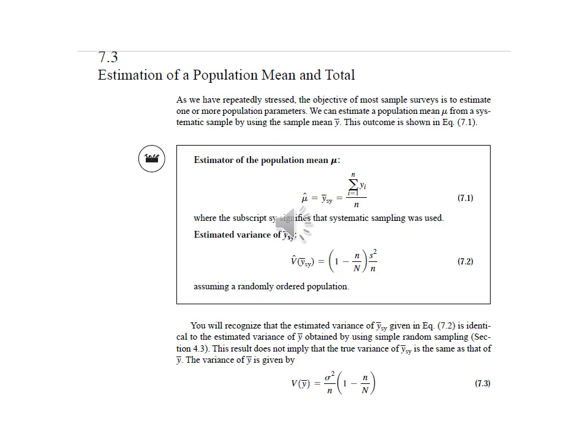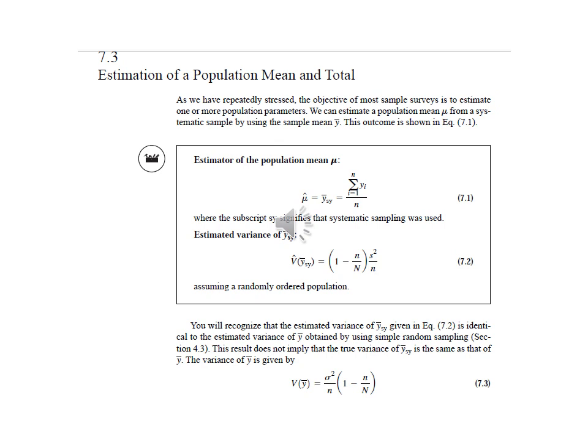This outcome is shown in equation 7.1. Estimator of population mean: mu hat equals y bar systematic equals summation of yi over n, where the subscript sy is abbreviated for systematic sampling was used.